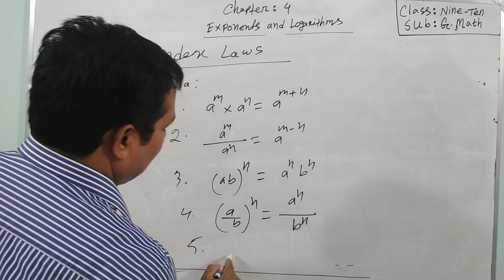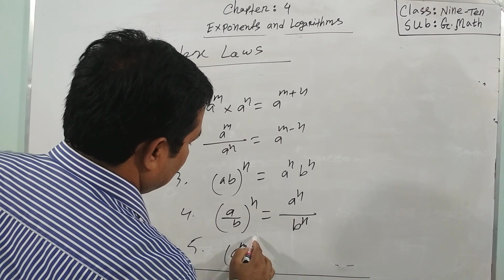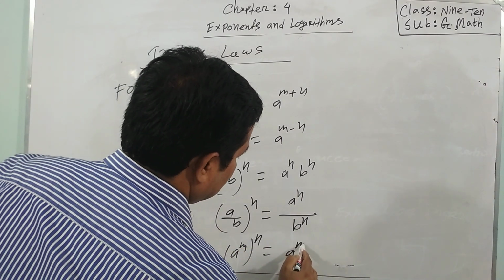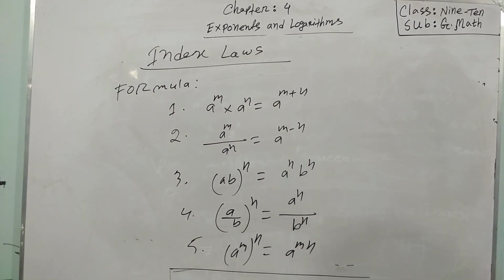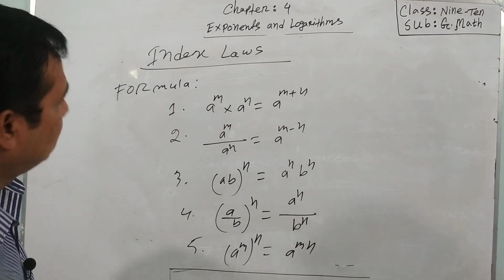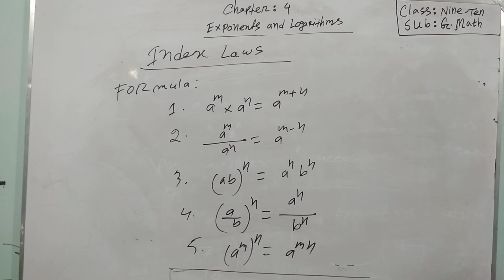Number 5, power of a power: a to the power m, to the power n, equals a to the power mn. This is the formula of the index law. It is called the index law.